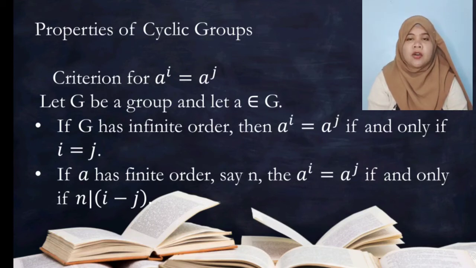If a has finite order, it is a different story, as we can do the operation i times and j times, as long as the order divides the difference of i and j. Then a to the i equals a to the j.